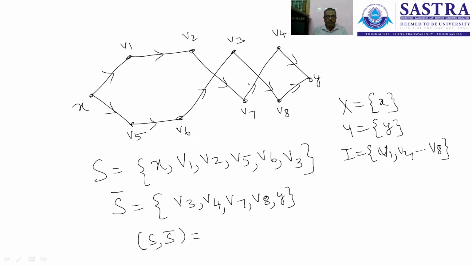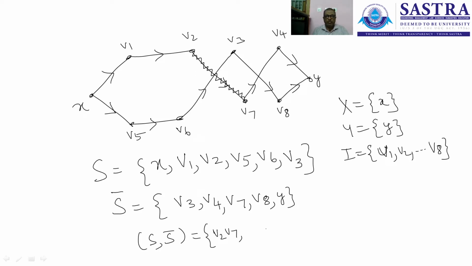(S, S bar) will be the set of all arcs whose tail is in S and whose head will be in S bar. So now I have V2, V7. This will be one arc which will lie in (S, S bar).